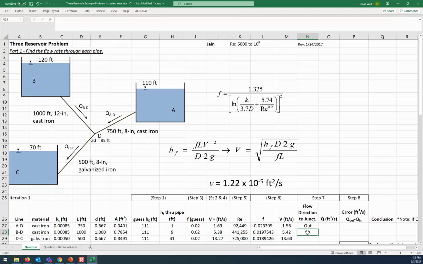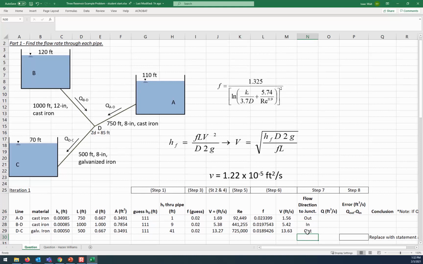It's going out from the junction towards the other tank, whereas it's into the junction for pipe BD and out from the junction towards the tank for DC. Just think about it: if you've got 111 at D, the water is going to go to D from this upper reservoir B. It's going to go from D to the tank for both reservoirs A and C because there's more energy at D than there is at either of those reservoirs, and so the water is going to go out from the junction towards the reservoirs.